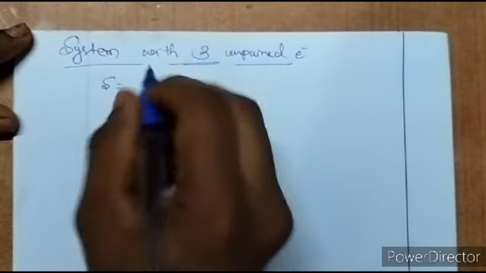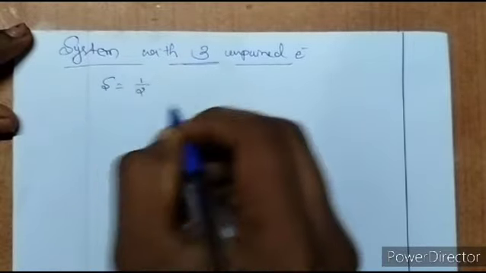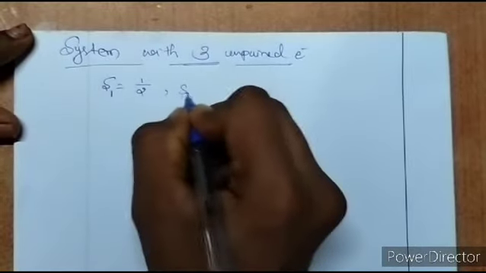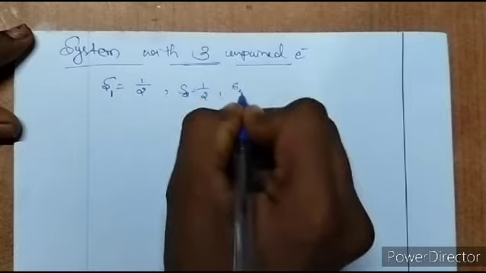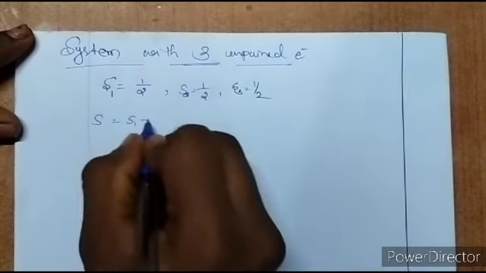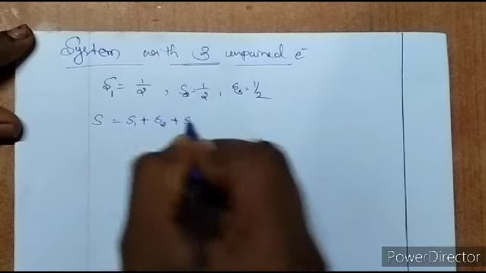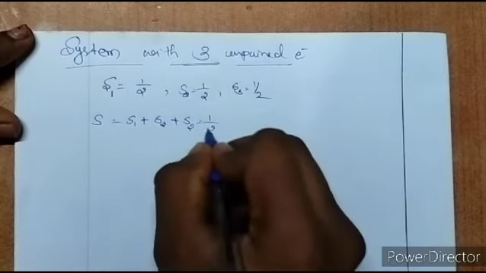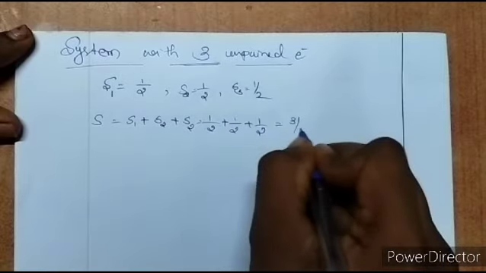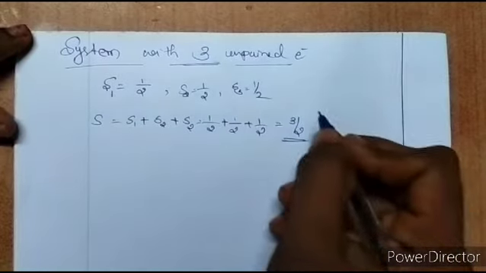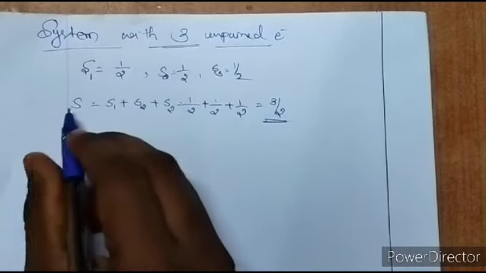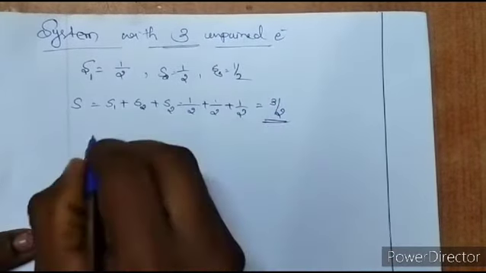For the first electron, it is 1/2. There are 3 unpaired electrons, so S1 is 1/2, S2 is also 1/2, and S3 is also 1/2. So what will be the effective S value? The S value is the sum of all 3, S1 plus S2 plus S3. So I can write 1/2, 1/2, and 1/2, you get 3/2. This is the effective spin of the system with 3 unpaired electrons. So if S is equal to 3/2, what will be the MS values?